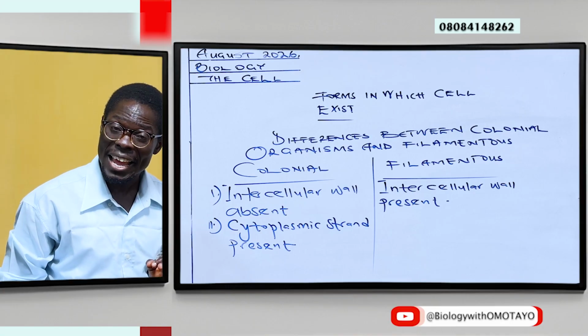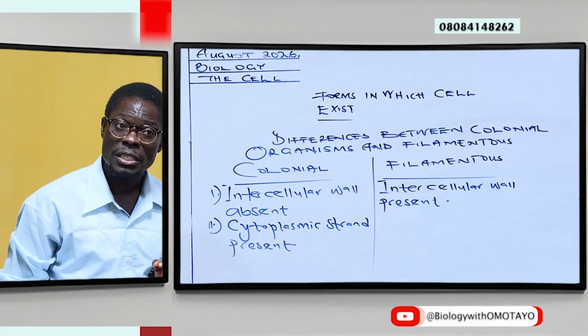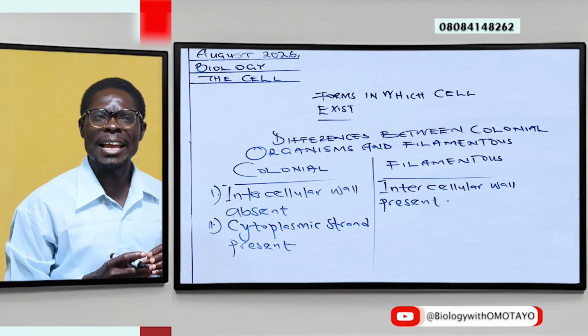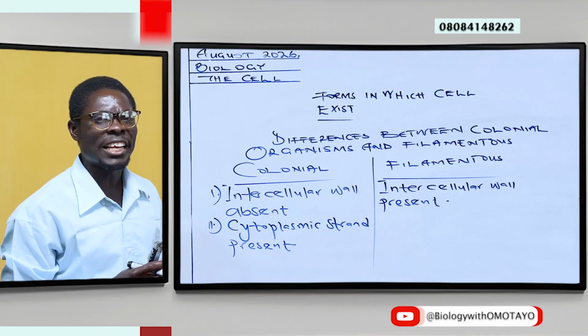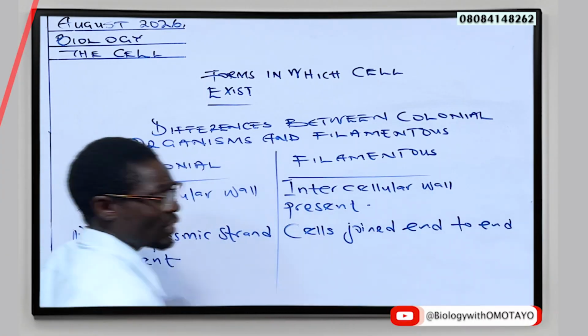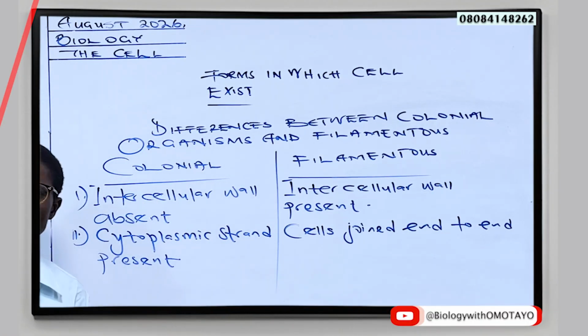Rather, the cells here in filamentous organisms are joined, identical cells are joined end to end, arranged in a linear form. So directly, cells are joined end to end. And then under the colonial organisms, the various cells, the cluster of cells that forms the colony are always interdependent, and activities are carried out through division of labor.